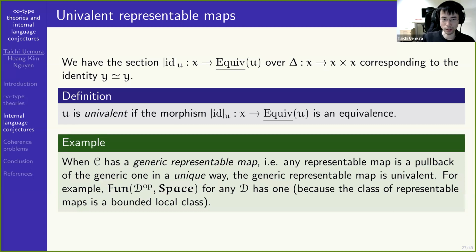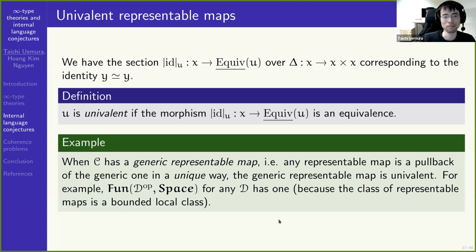So an example is kind of classifying morphisms. Suppose that an infinity CwR has a generic representable map in the sense that any representable map is a pullback of the generic one in a unique way, I mean, unique up to contractible choice. Then such a generic representable map must be univalent. So for example, any presheaf infinity category has a generic representable map.